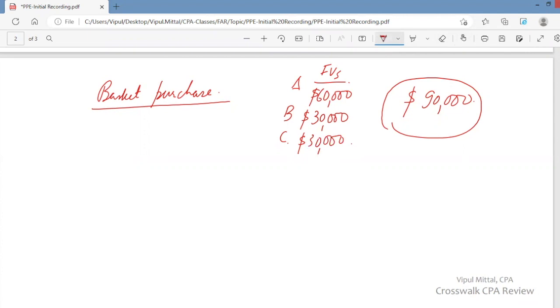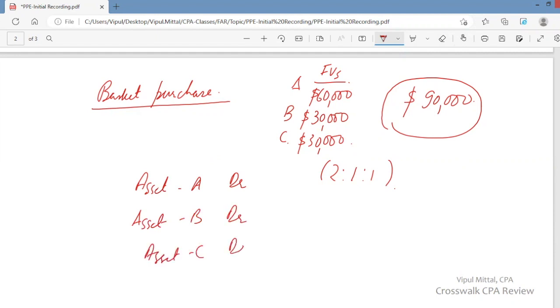So you allocate this $90,000 among asset A, B, and C in the ratio of 2:1:1. And what journal entry will you do to record this? Asset A, debit, asset B, and then asset C, and cash.